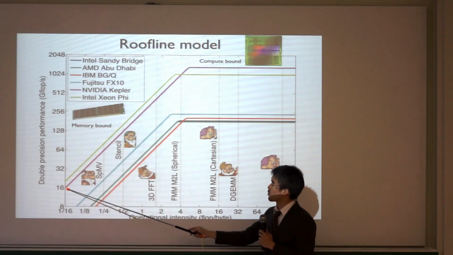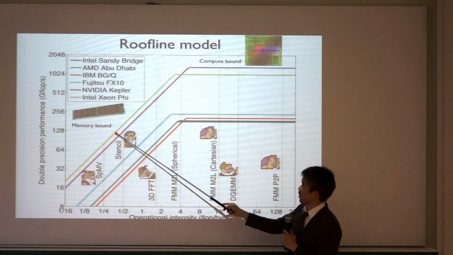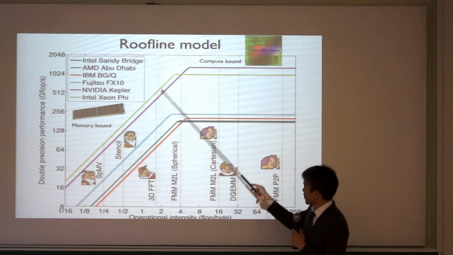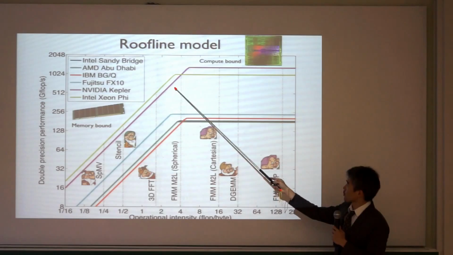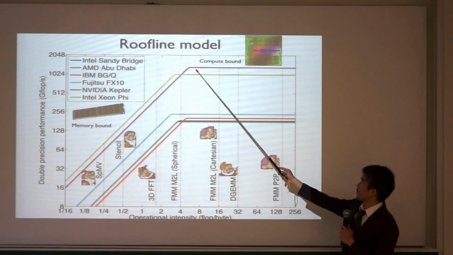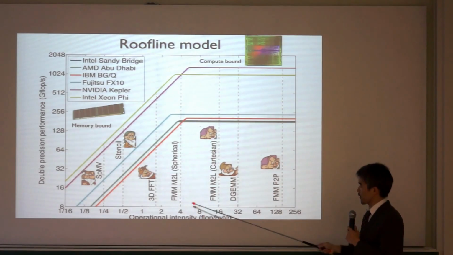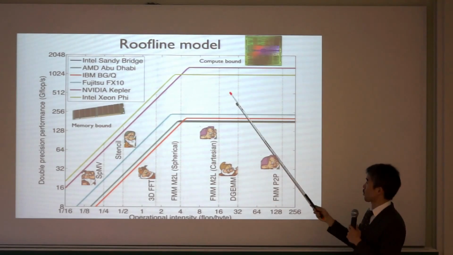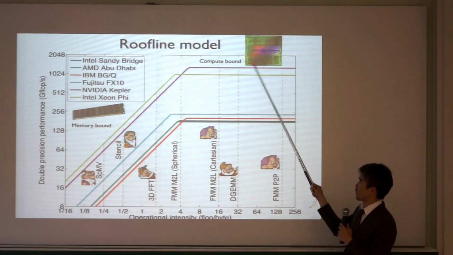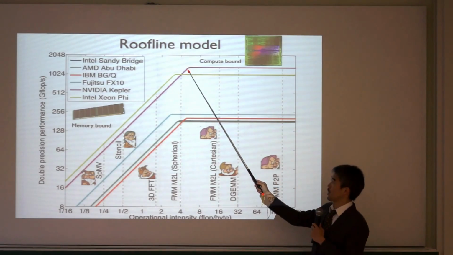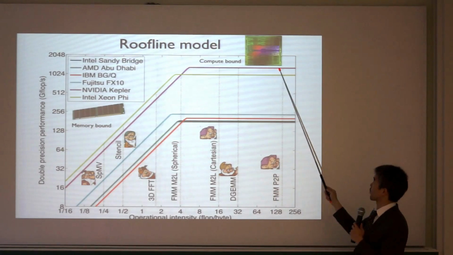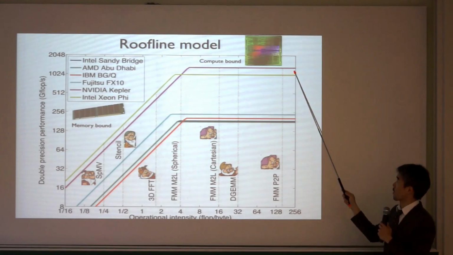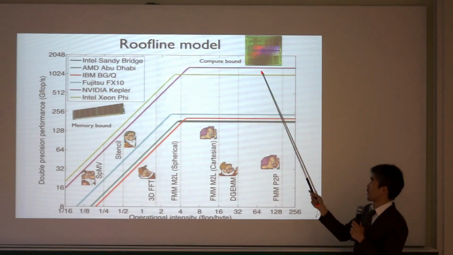You start from a very low performance in terms of flops per second, but then you increase until you hit a point where all your arithmetic units are already busy. So even if you load more data, there are no arithmetic units that are free, so you can't deliver more floating point operations. This is the theoretical limit of the arithmetic operations that you can do per second on a given chip.